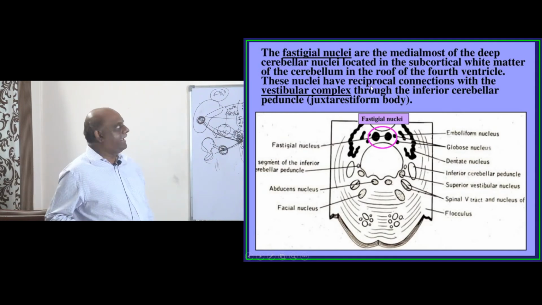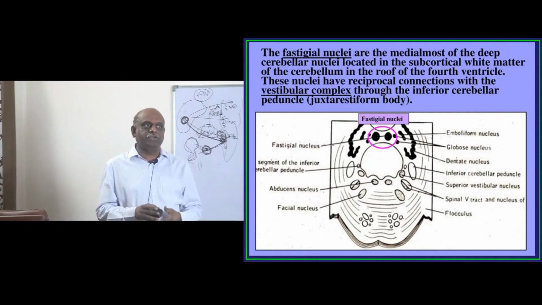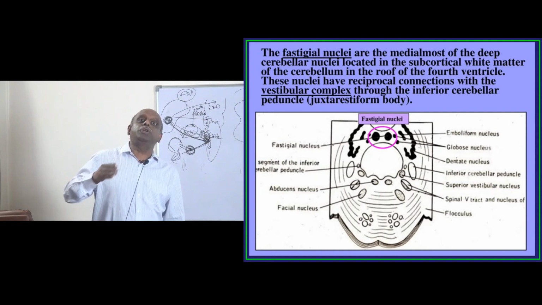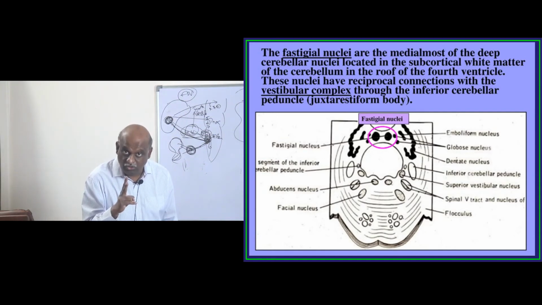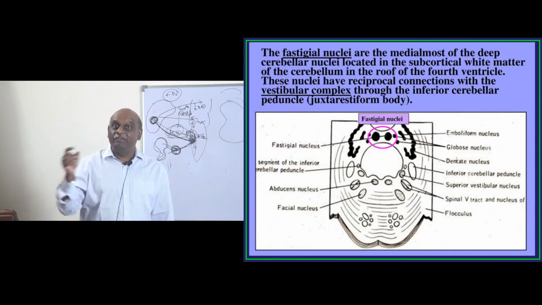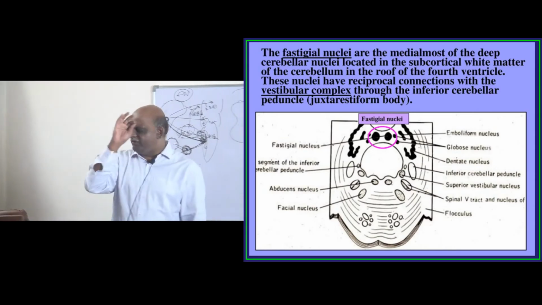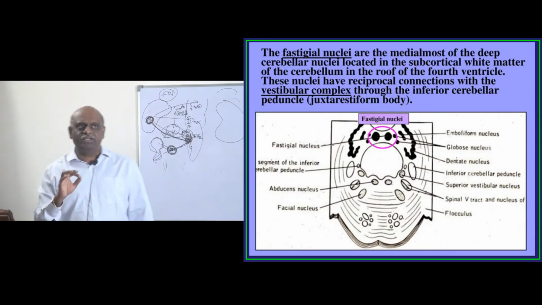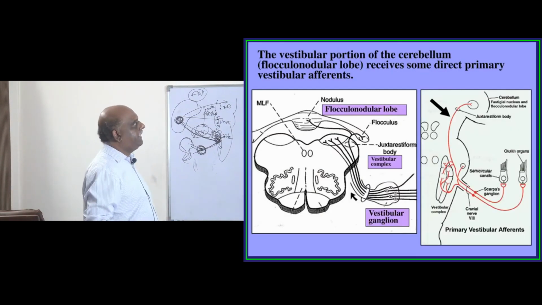Fastigial nucleus and flocculonodular lobe are the two you have to remember, because these are the two in the cerebellum directly connected with the vestibular nucleus in the medulla. Whenever we say vestibular nucleus in the medulla, what will you remember? Fastigial nucleus and flocculonodular lobe in the cerebellum is what you have to ultimately remember.